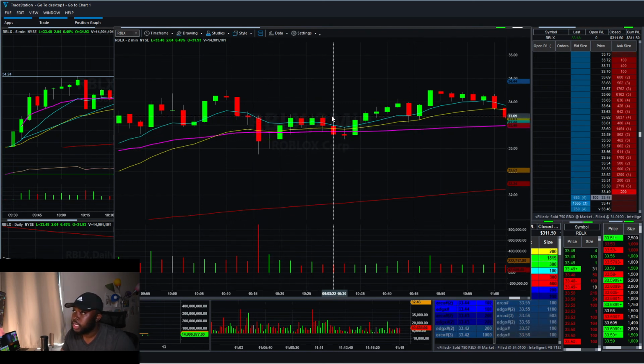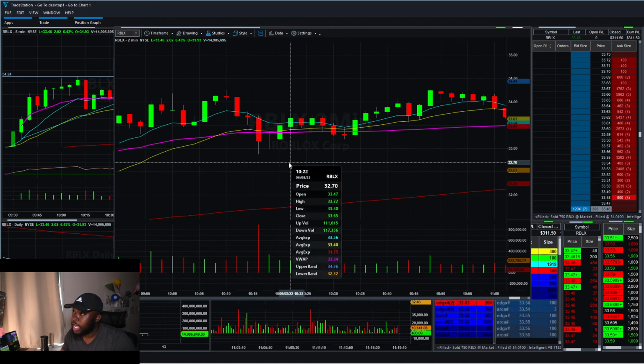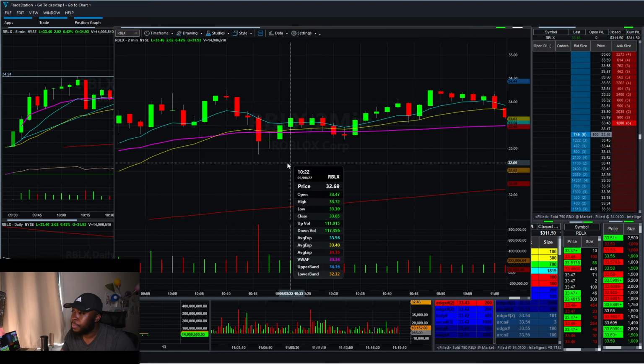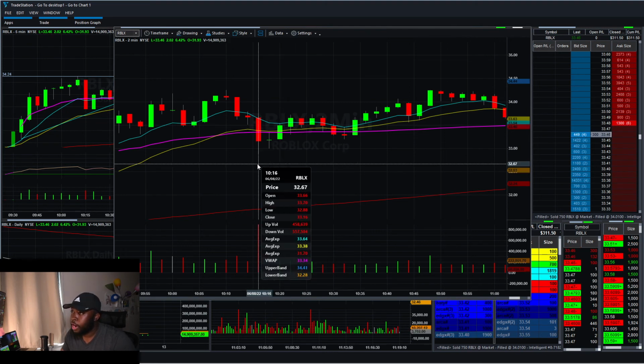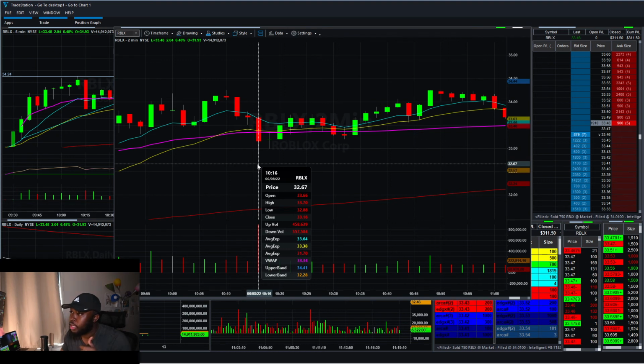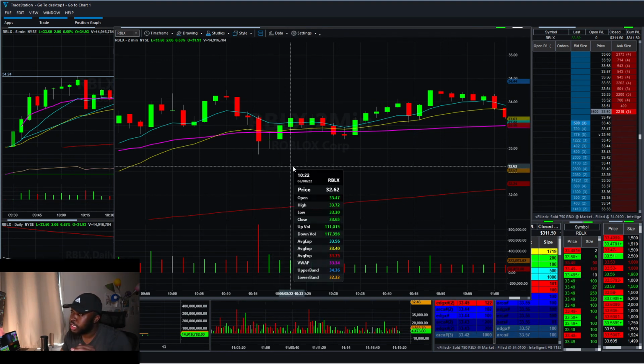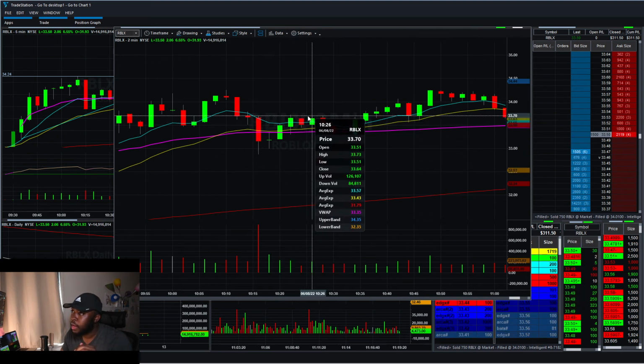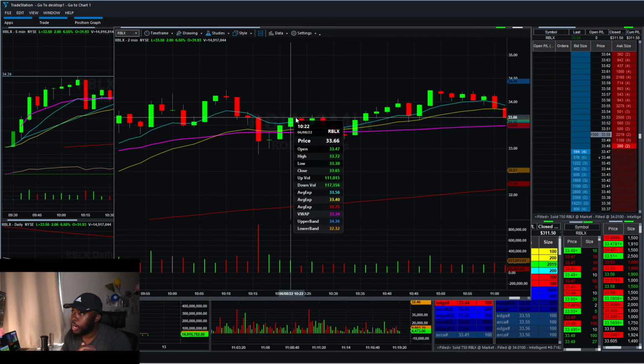And as you can see, we got a green candle here, and we had the wick again at 33.72. And look at it right here. We had the same wick at 33.70. So it's like 2 cents different, and it couldn't really break above this price range. So what happened?